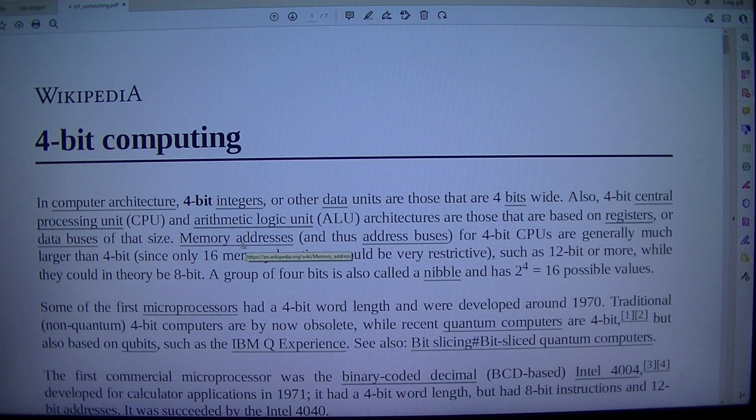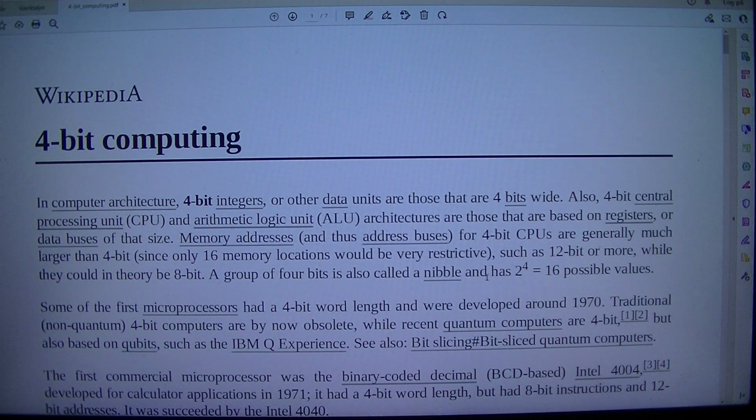Memory addresses, and thus address buses, for 4-bit CPUs are generally much larger than 4-bit, since only 16 memory locations would be very restrictive, such as 12-bit or more, while they could in theory be 8-bit. A group of 4 bits is also called a nibble and has 2^4 equals 16 possible values.